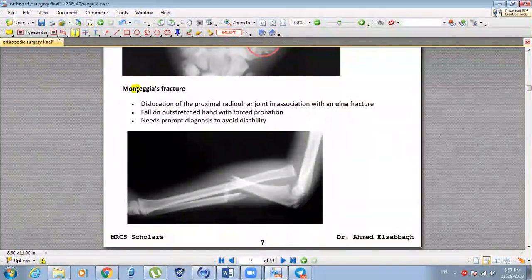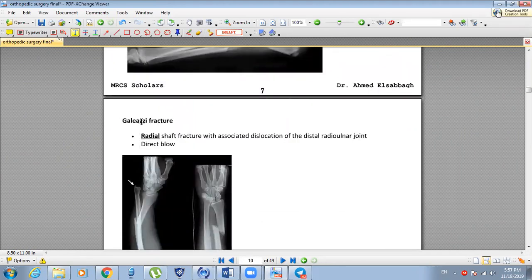Monteggia has an N. So the bone which is fractured is the bone which has an N, which is ulna. Galeazzi has no N, so we go for the bone with no N, which is radius.